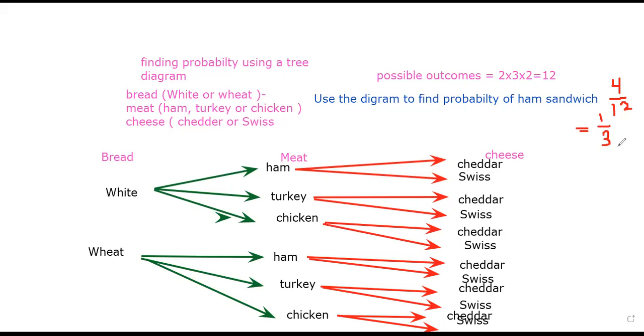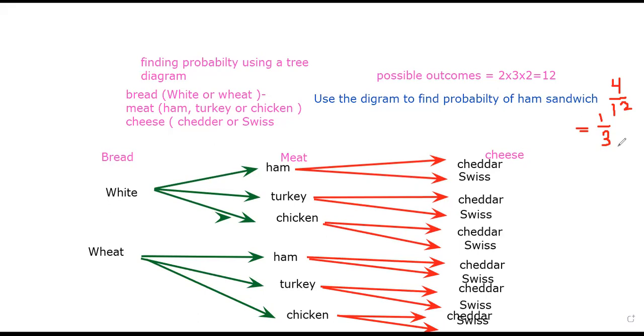Mariam, could you please tell me how we will know that the probability of ham was 4 out of 12? Okay, Ibrahim, go on.